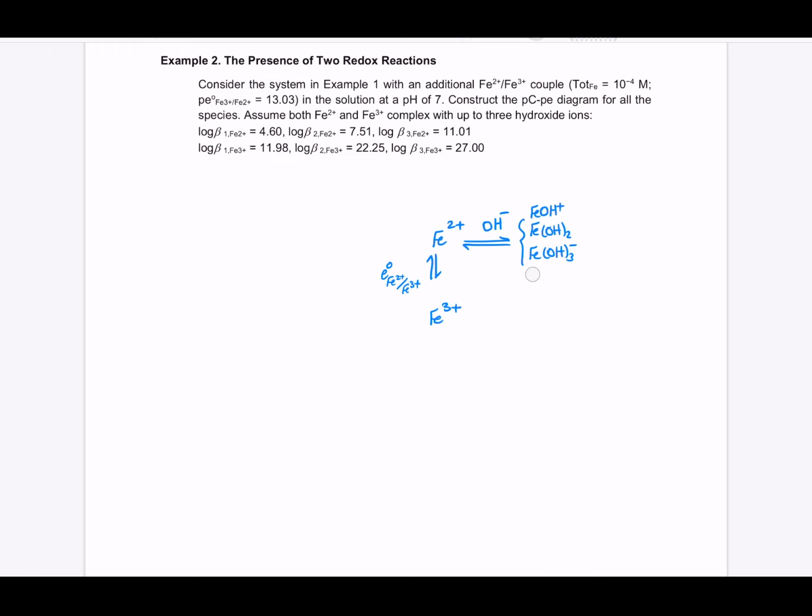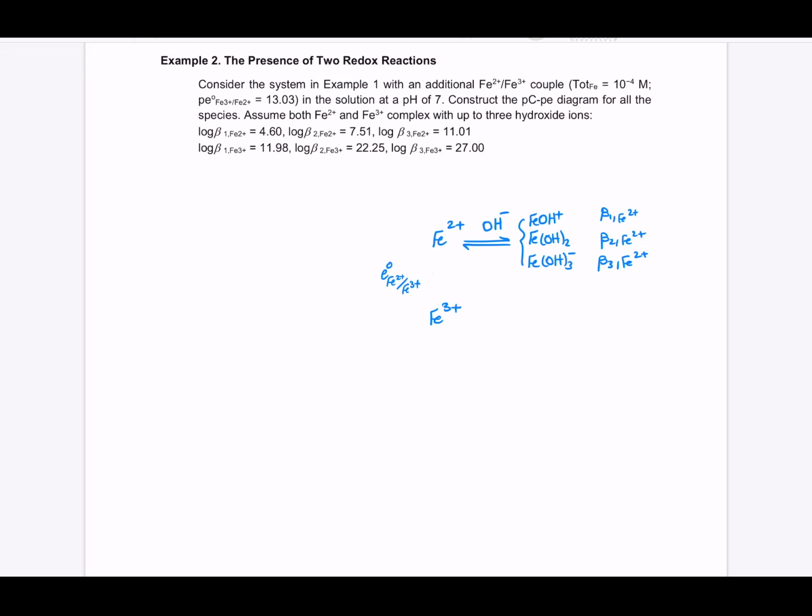Okay, that's even better. So up to 3. The equilibrium constant for the first one would be beta 1 for Fe2 plus, this is beta 2 for Fe2 plus, and this is beta 3 for Fe2 plus.